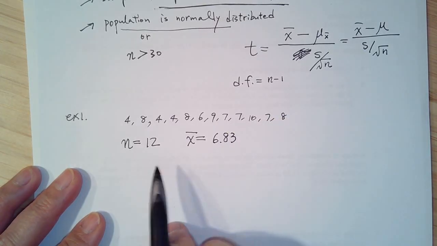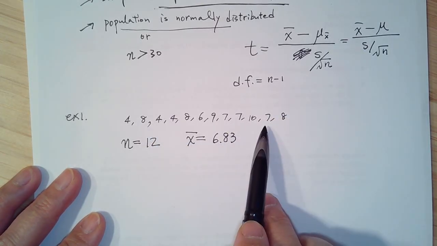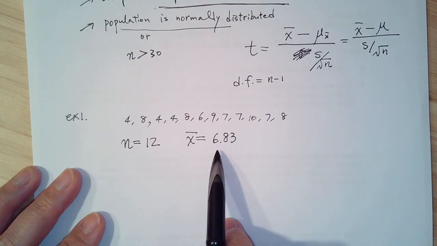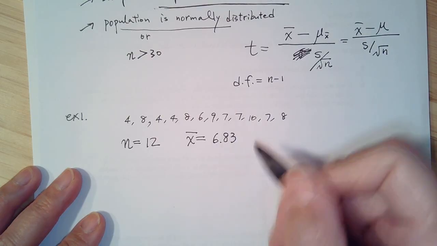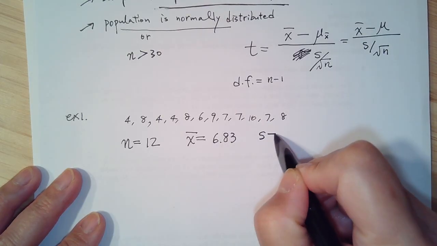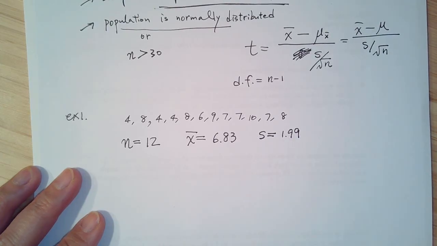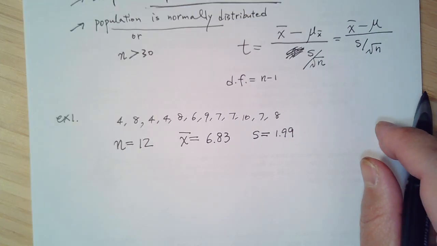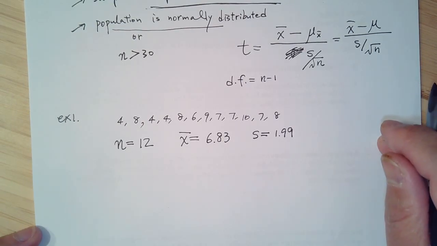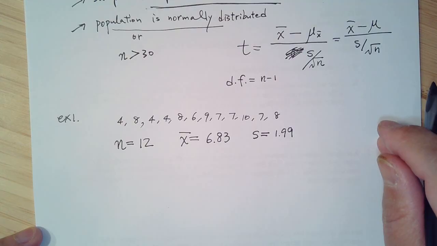So for the 12 people included in my research, their average sleeping time is 6.83 hours, and the sample standard deviation is 1.99 hours. A common recommendation is that adults should sleep between 7 hours and 9 hours each night.